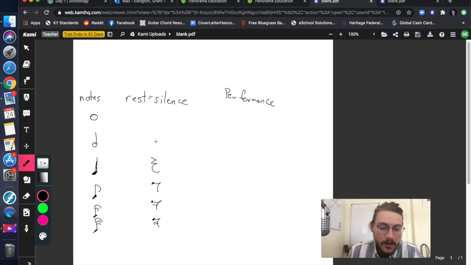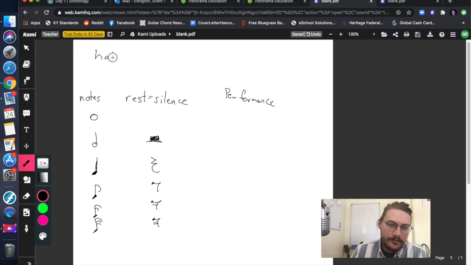So let's go to our half rest. The half rest looks like this, and this box is filled in. I'll fill it in the best I can. It looks like a top hat. How I like to remember that is half sounds kind of like hat.